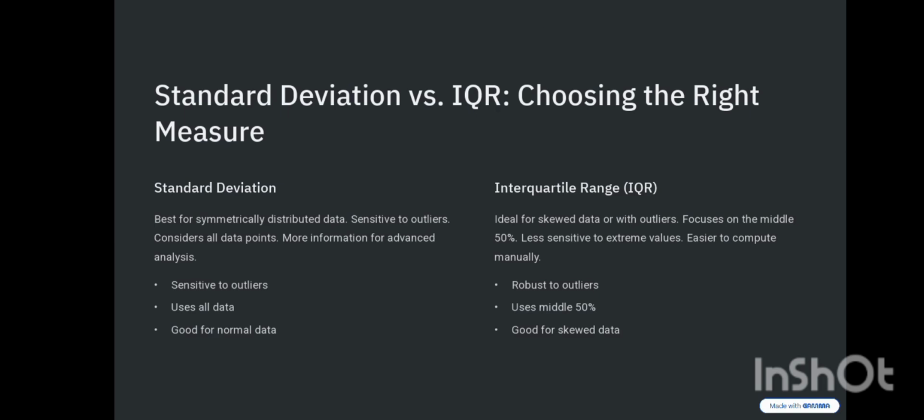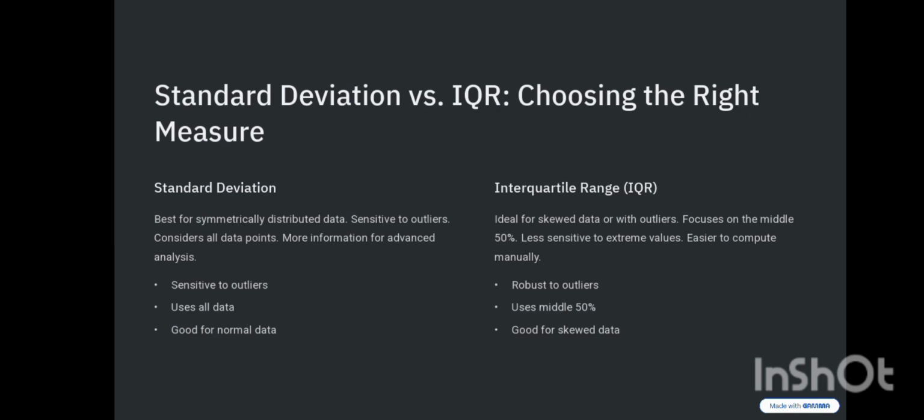Standard deviation versus IQR: choosing the right measure. Standard deviation is best for symmetrically distributed data. It is sensitive to outliers and considers all data points, giving more information for advanced analysis. Good for normal data.